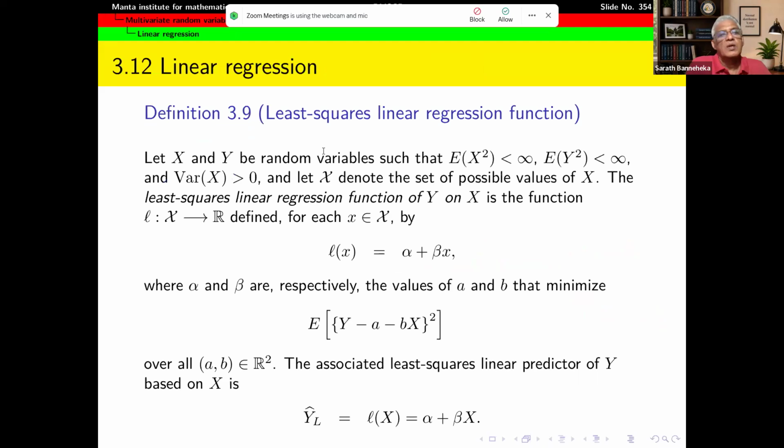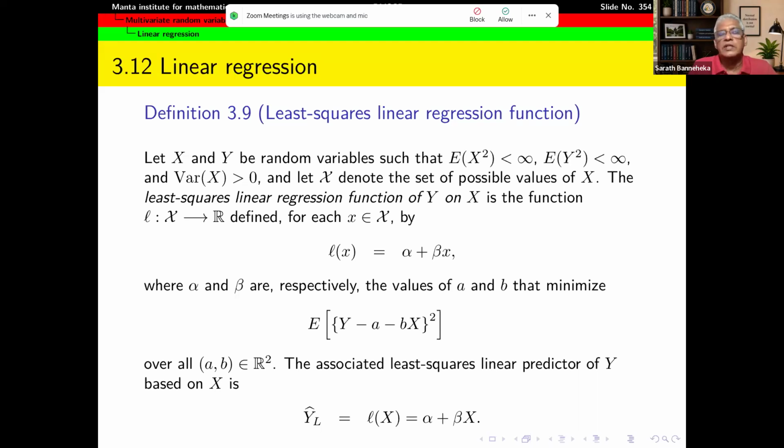Okay, so that is the next topic: linear regression. In this section, again, we are not going to talk about what you usually call regression analysis, that we usually do when you get some data, pairs of data for two variables x and y, and then try to fit a linear model like that.